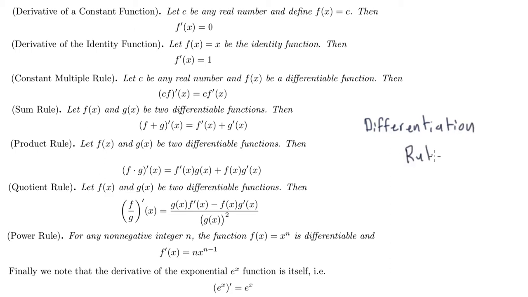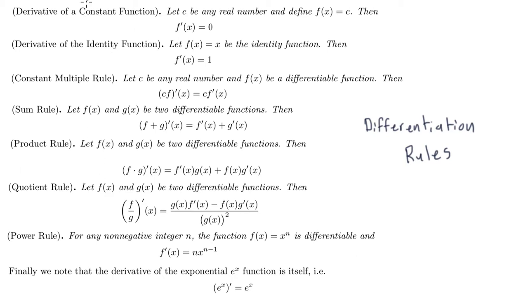And if you look down this list, most of them are just showing how if I combine a function in a certain way, what happens to the derivative of that combination of functions. The first one, actually the first two, are kind of the most basic.